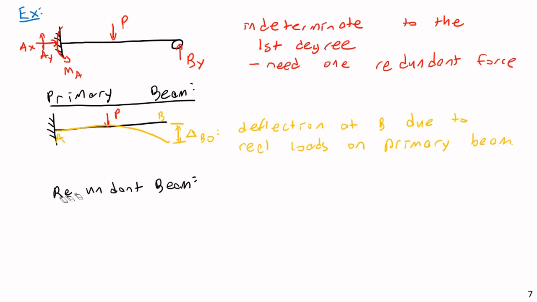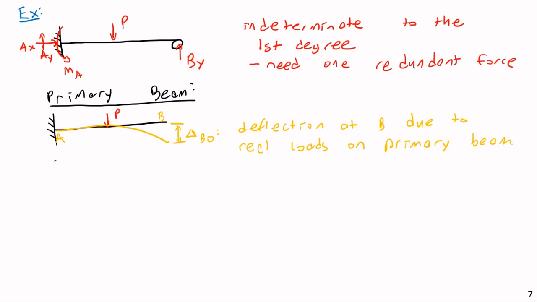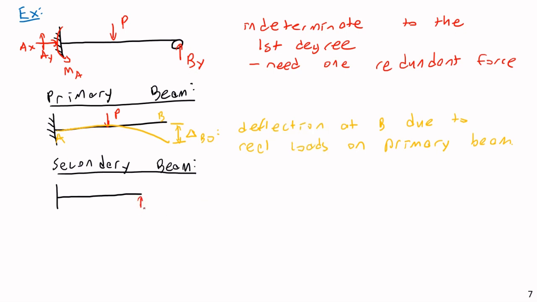I'm going to try to squeeze this on this slide, so I'm going to erase this and rewrite my label here, secondary beam. My secondary beam would be one where I have a unit load applied at the location where I removed the support. I'm going to apply a unit load, 1 pound, 1 kip, whatever is compatible with your unit system.